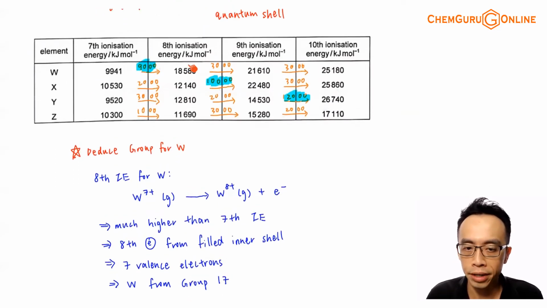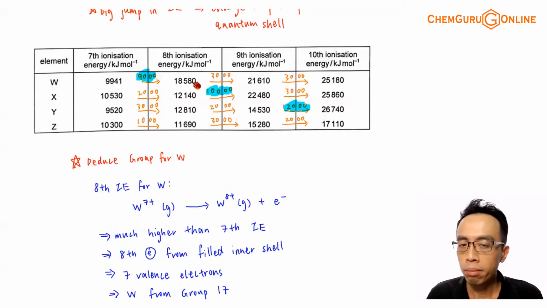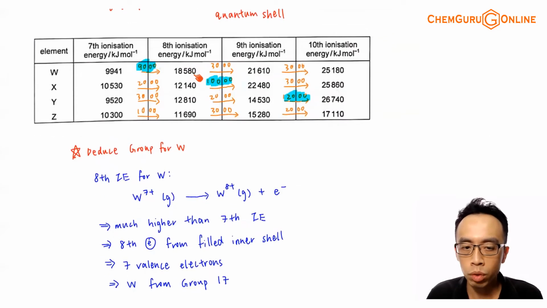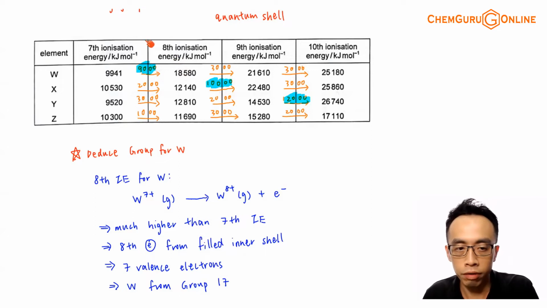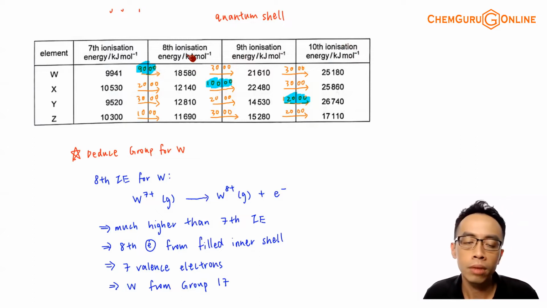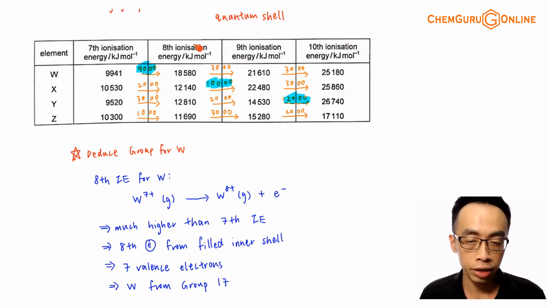So some of the data is not really necessary, but what I've done here is I have worked out the rough jump in ionization energy, or the rough difference in IE, as I change from the 7th IE to the 8th IE, 9th IE to 10th IE. What is the increase in ionization energy?